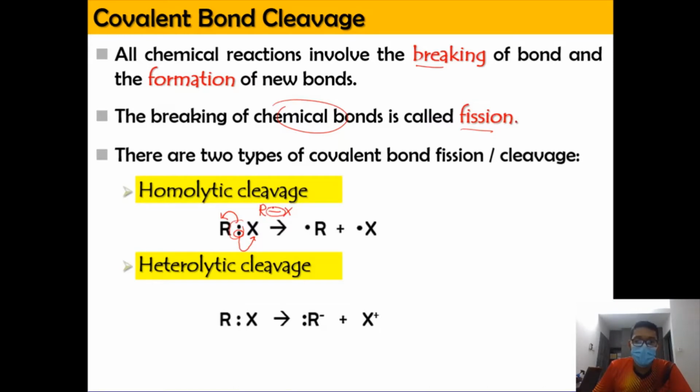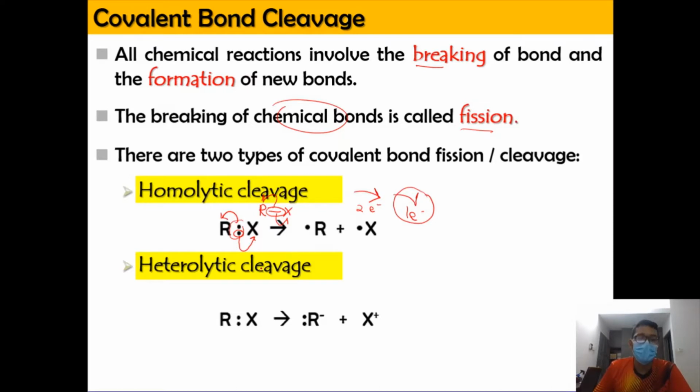So one electron, denoted by a half-headed arrow, will be transferred to one atom, and another electron will be passed to atom X, also denoted by a half-headed arrow. This one is a full-headed arrow. This one is a half-headed arrow. The full-headed arrow refers to the transfer of two electrons. The half-headed arrow refers to the transfer of one electron. So we're going to use this for the homolytic cleavage.